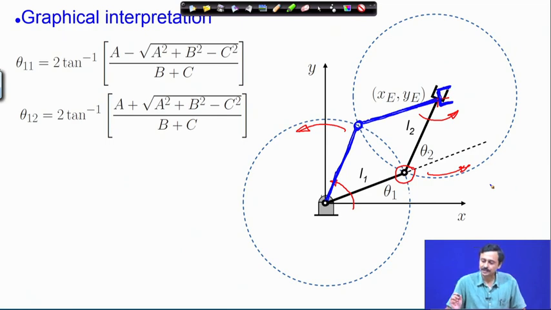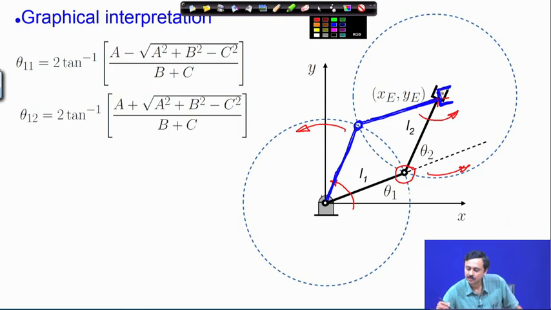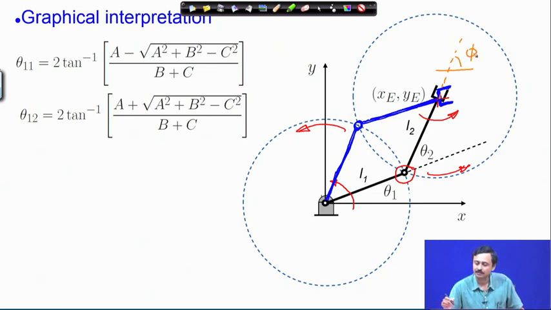So, one is the black configuration, the other is the blue configuration. You can notice the difference in these 2 configurations is the orientation angle phi. In the first configuration, this is phi. In the second configuration, this is phi.